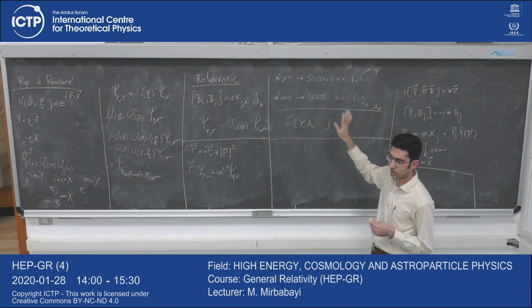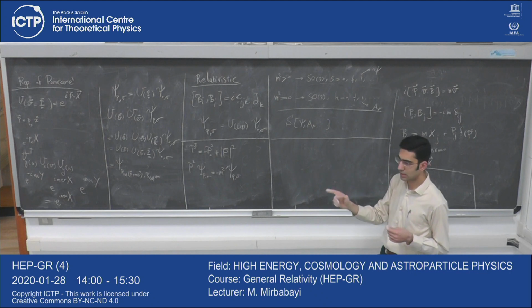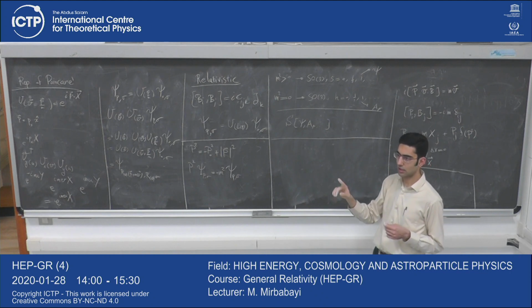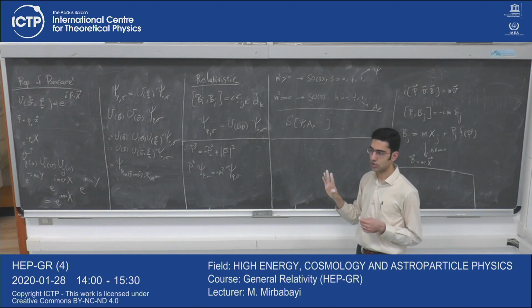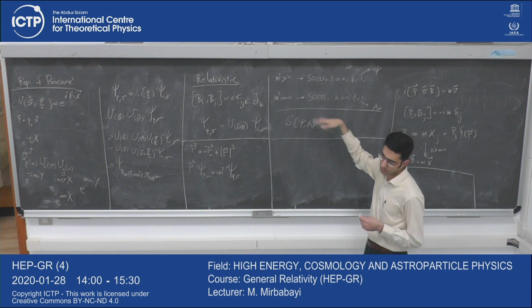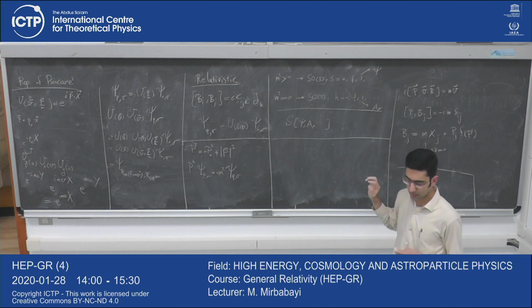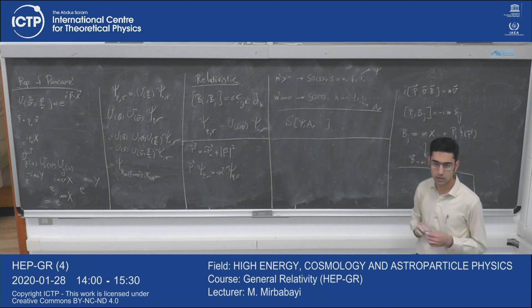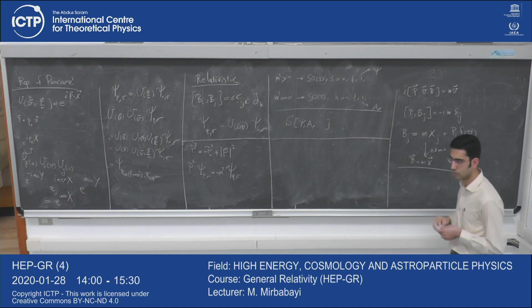So for instance, it's kind of obvious that if I go to a frame in which the prescribed momentum is along the x direction, then the rotations that preserve it are rotations in the YZ plane. That's why I get SO(2). There are some extra things, but eventually, if we want to have discrete representations, that's the only thing that remains.